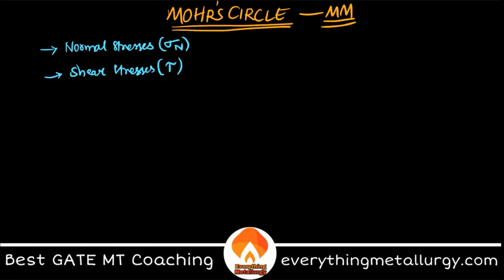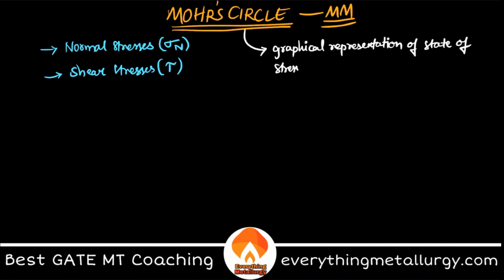Now, what the Mohr circle does is, again, a graphical representation of the state of stress at any point of a plane. Usually people like to call it an oblique plane.